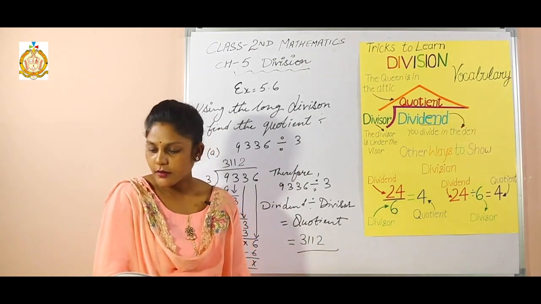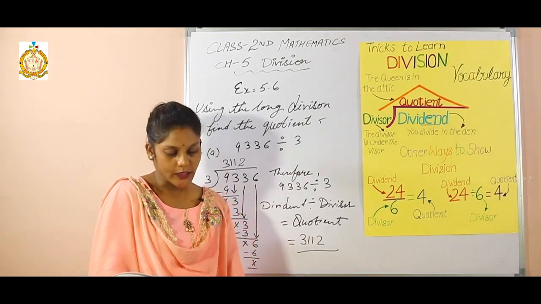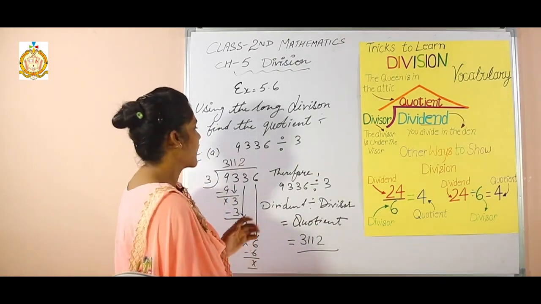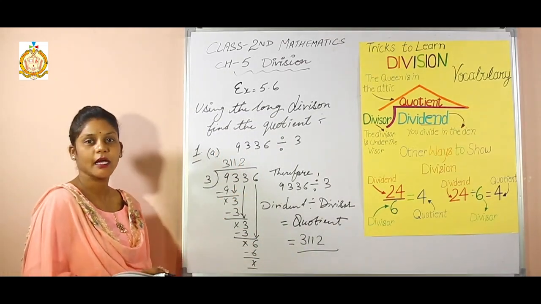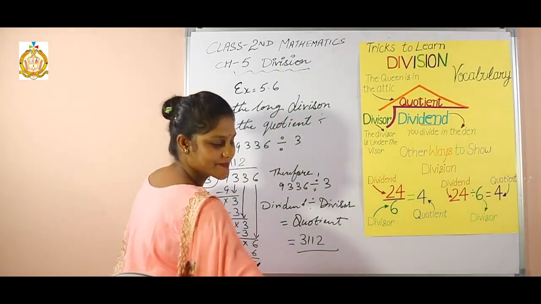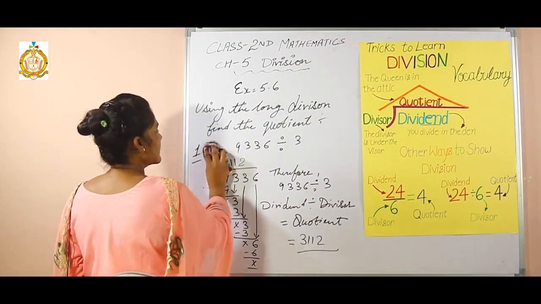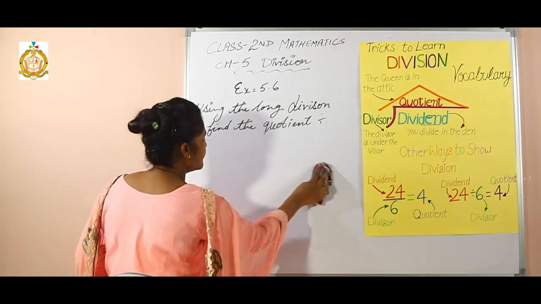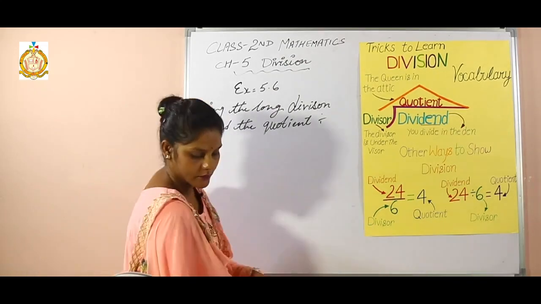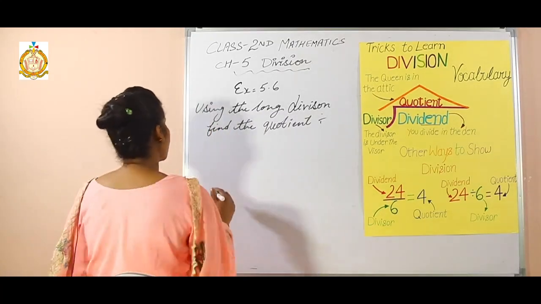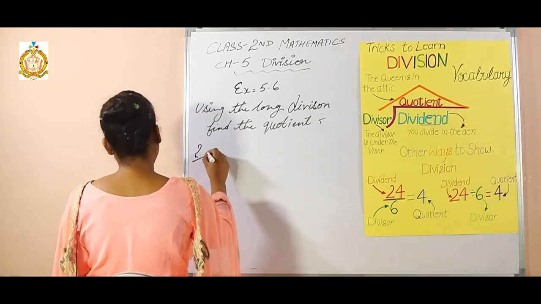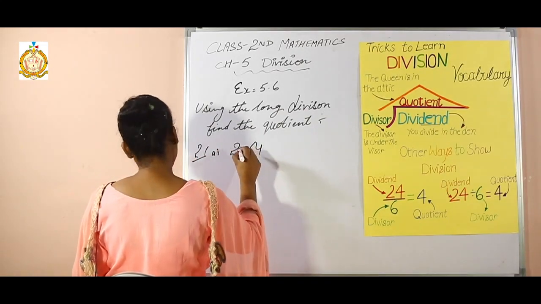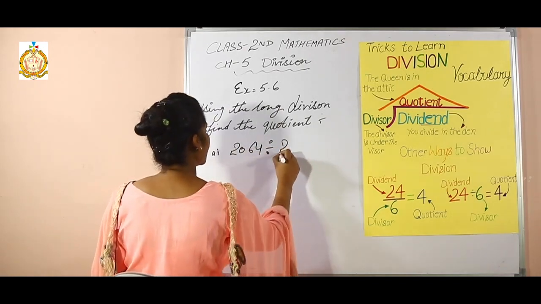Again I want to solve the same exercise, one more sum, the second part, sum number A. I hope you will be able to do this. Next, one more sum I want to do. This is from part 2, sum number A: 2064 divided by 2.